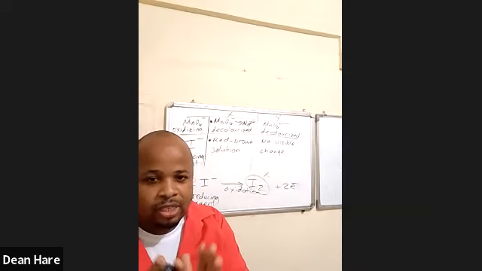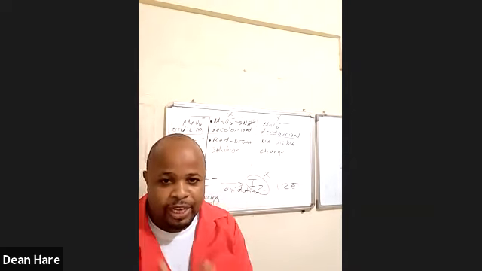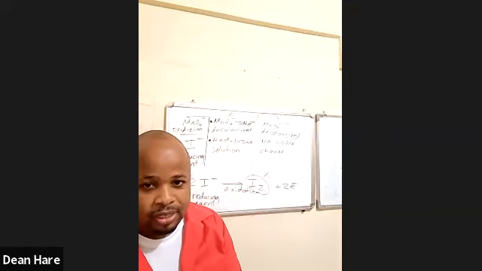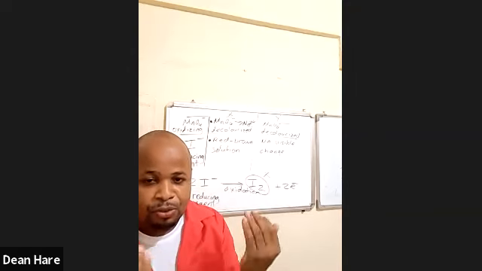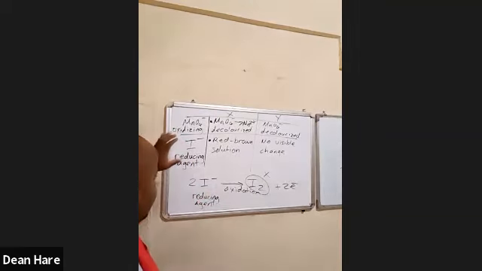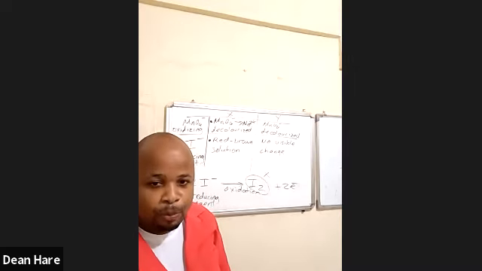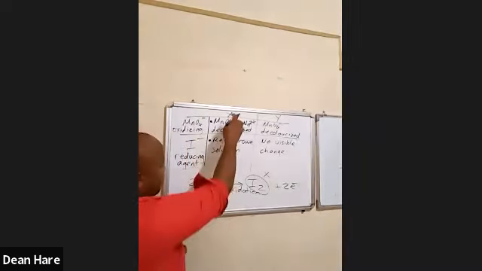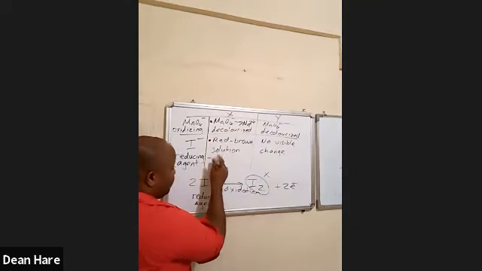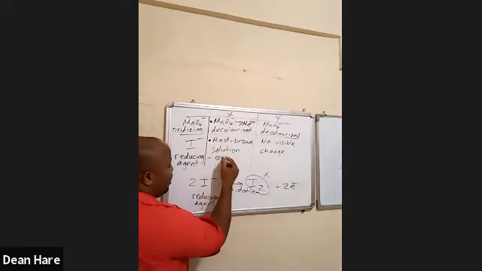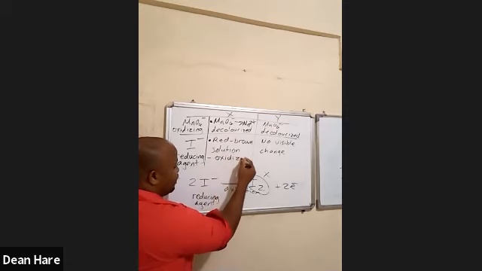Remember, for a redox reaction, both agents must be present. You cannot have two oxidizing or two reducing agents. You need oxidizing and reducing agents. So if you recognize this as the reducing agent, X will have to be the opposite. So here, in this example, X is your oxidizing agent.